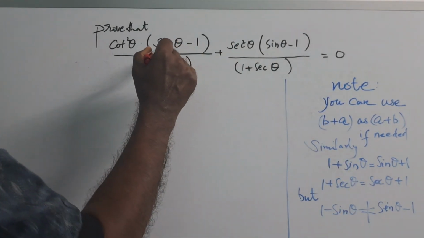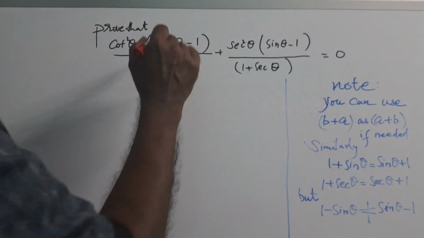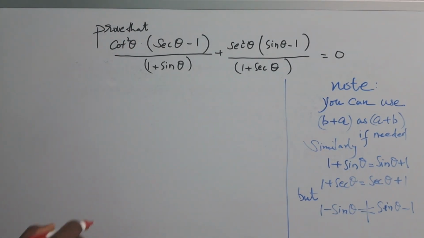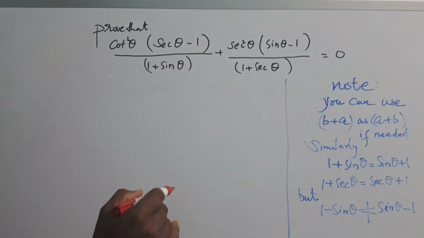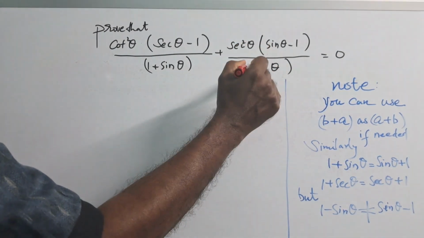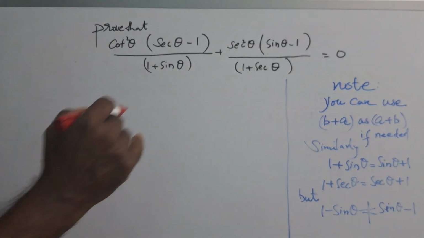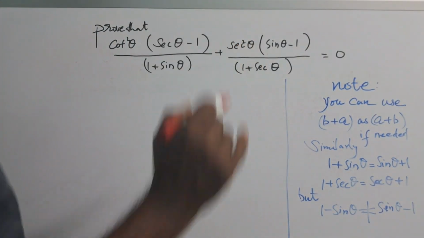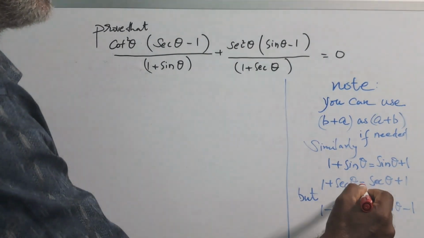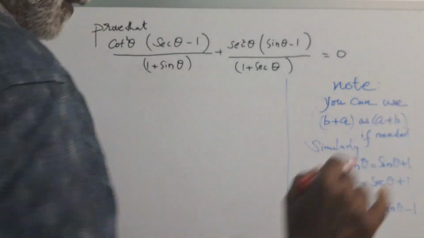For example, here, as you know, the trigonometric identity of sec square theta minus 1 is tan square theta. In order to get this identity, instead of taking 1 plus sec theta, we can take sec theta plus 1 so as to get into the answer straight away. That's why I have noted here 1 plus sec theta can be expressed as sec theta plus 1 if needed.